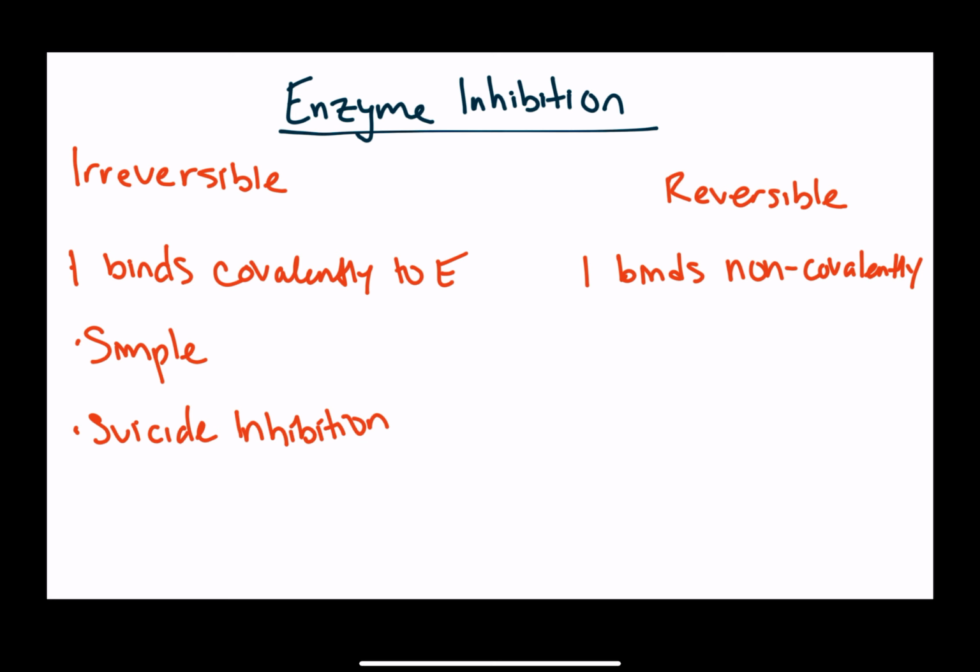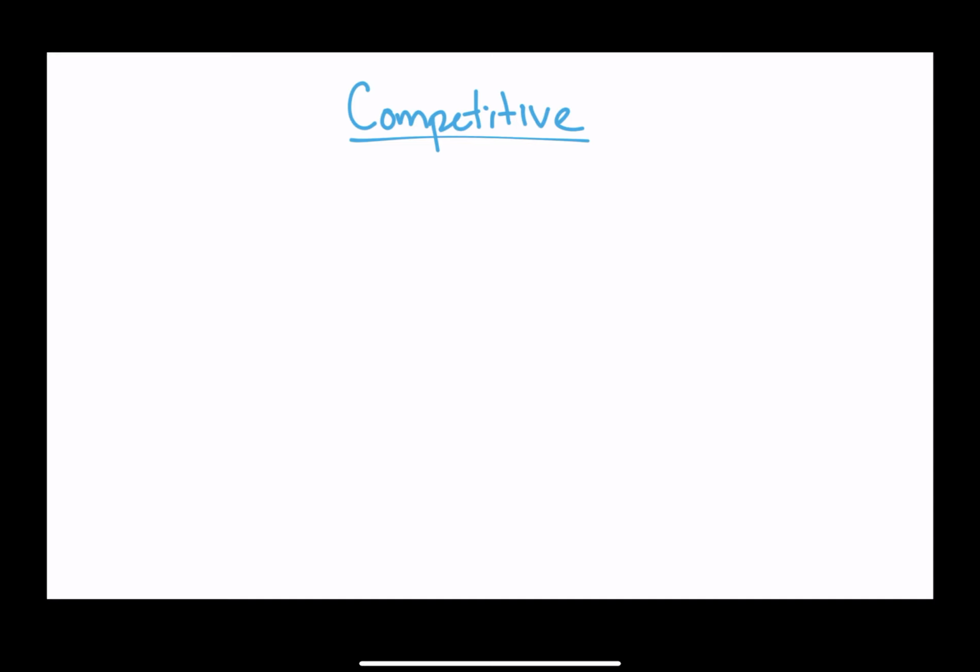We are going to be focusing on the reversible inhibition, which is where the inhibitor binds non-covalently, which is essentially a non-permanent bond and will allow the enzyme to still be functioning, but it just functions less effectively than it would without it. So there are four main kinds of this reversible inhibition.